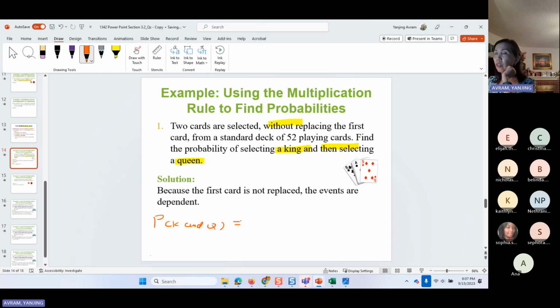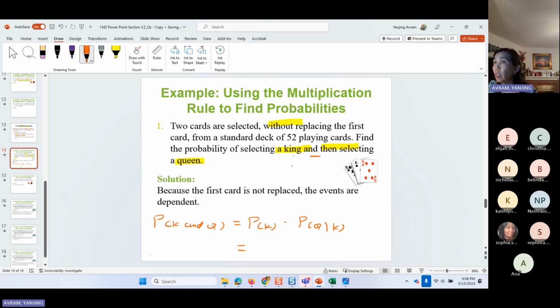According to this rule, it is the probability of the king times the probability of the queen, given the king is already out. That is the "and".